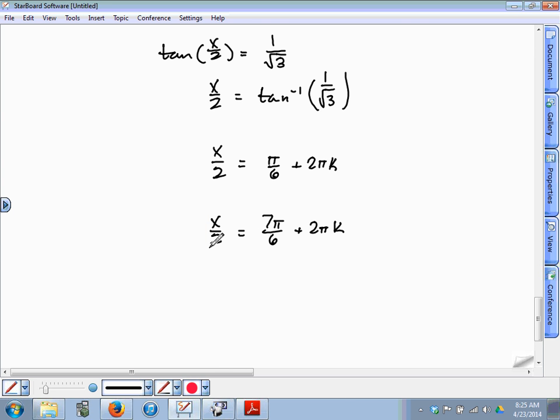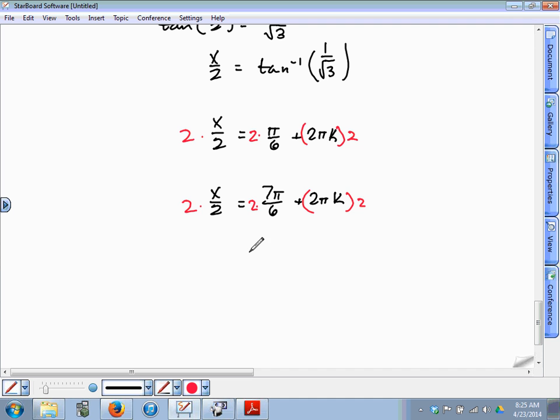Multiply everything by 2, including that 2 pi k. So multiply by 2, multiply by 2, multiply by 2. So x, what does x equal? Yeah, that's going to be pi over 3, exactly.